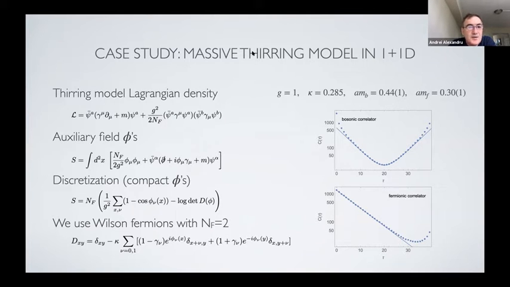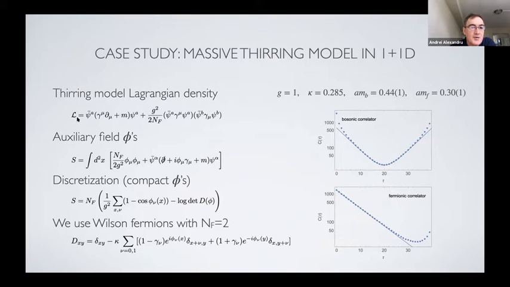There is a lot of interest in establishing the various phases of this model depending on the number of flavors you have in the model. We're going to use only a lattice discretization of this model and not really pursue this in the continuum, and we're going to do it in 1+1 dimensions where the calculations can be done reasonably cheaply.